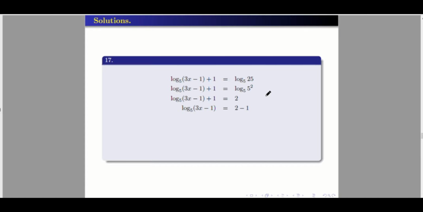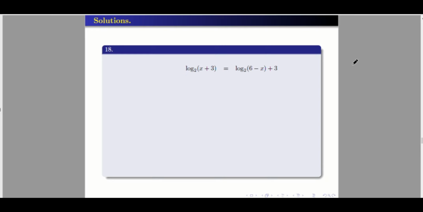And then I can now transpose 1, so we have 2 minus 1 equals 1. Then applying the exponential form, we have 5 raised to 1 equals 3x minus 1. So transpose, we have 6 equals 3x, so dividing both sides by 3, the answer is 2. Again, you may use another method in finding the value of x.